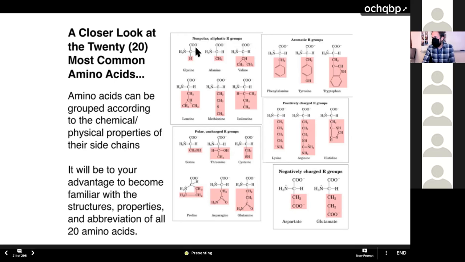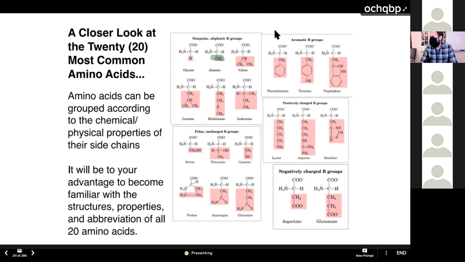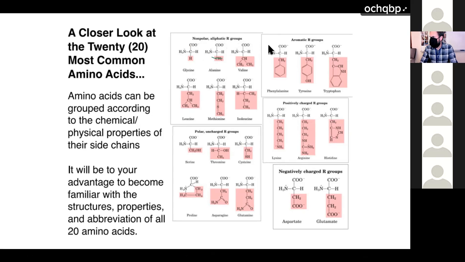Because if I need you to use this, I'm going to give it to you, as will the College Board. Okay? But take a look real quick before we sign off. That CH3 group, notice it's part of a group of amino acids that are all non-polar.